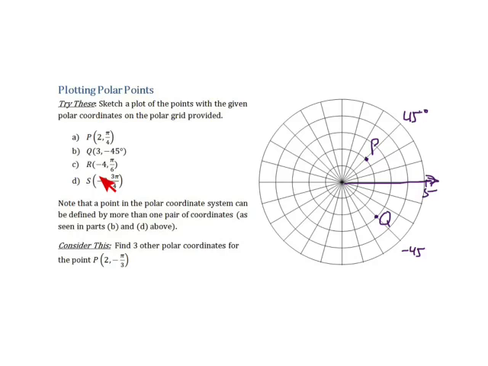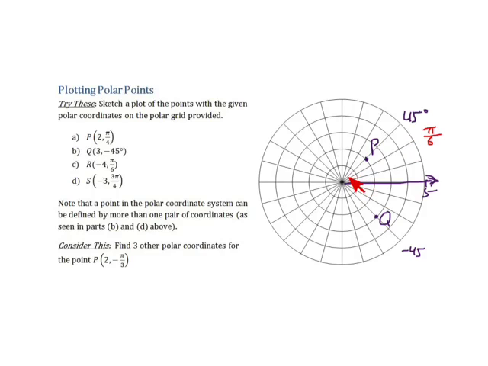For R now, we can have a negative radius and a positive angle. And to do that, we're going to go first to our angle. So we're going to rotate around to here. This is our pi over 6 line here. And so we'll go ahead and label this pi over 6. So if we rotate to that line, if we travel outward to the right, that's going to be our positive direction.